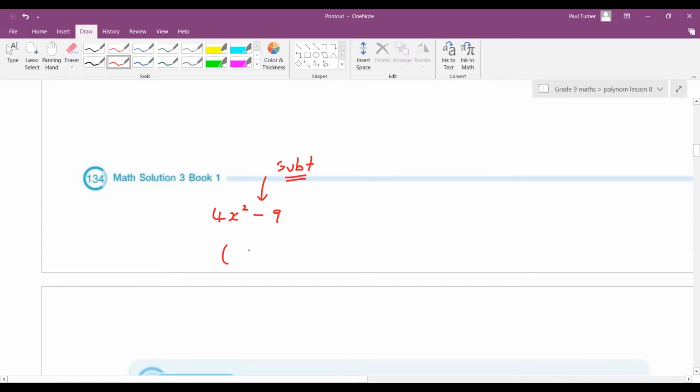So if you can make this something squared minus something squared, then we can write the factors here. So 4x squared would be 2x all squared, minus 9, which is 3 squared. So based on our formula, where we've got a squared minus b squared, that is a minus b, a plus b.